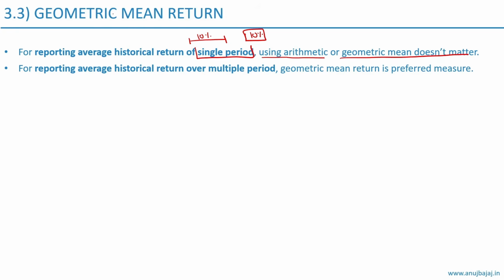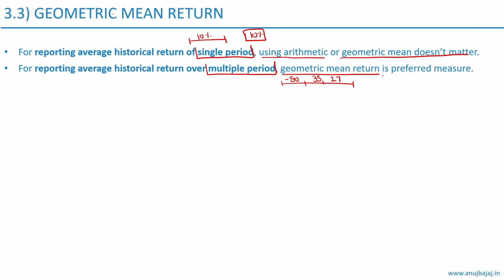But if we want to report the average historical return earned over multiple periods, then geometric mean return is a preferred measure. As we have seen earlier, we earned returns of negative 50%, 35% and 27%.